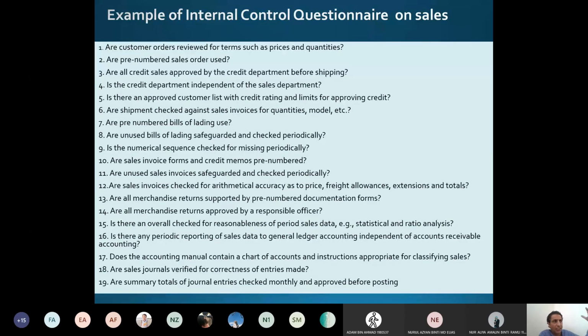So supposedly each customer has a rating and also a limit of amount they are able to buy on credit, not exceeding it. Okay, number 6.